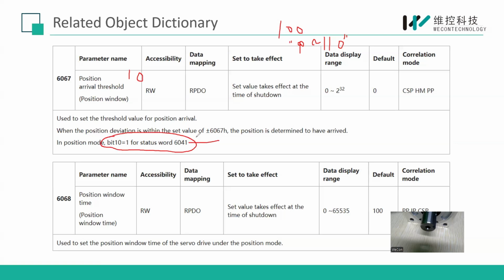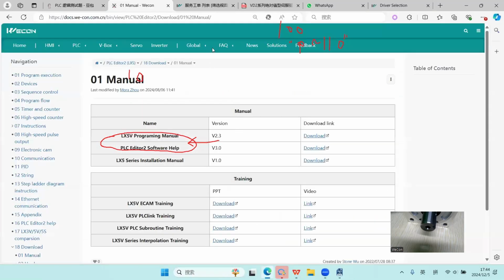This object is the status of our driver, and bit 10 we can check it. What's bit 10 of it?